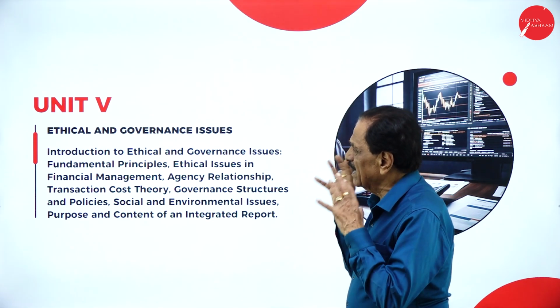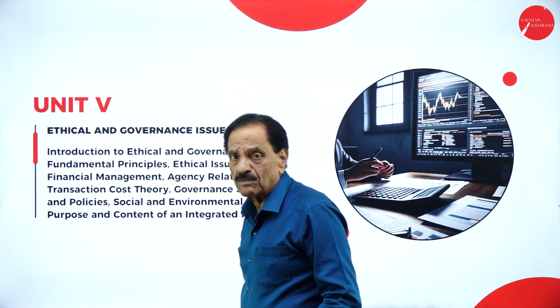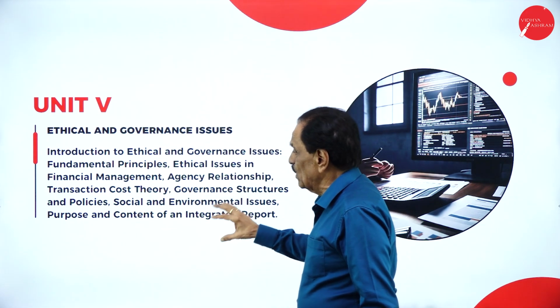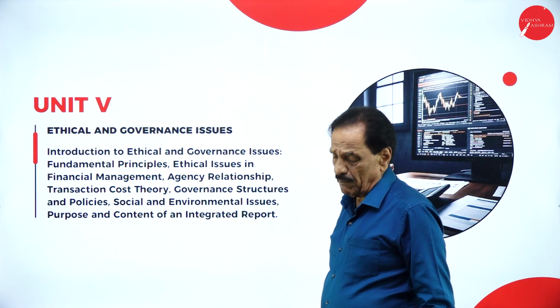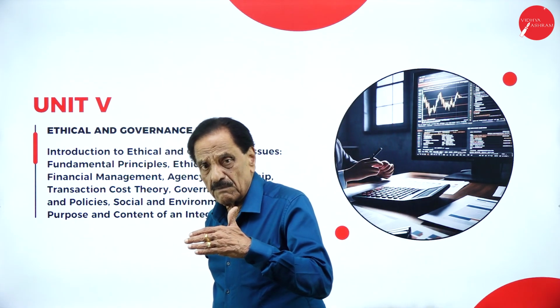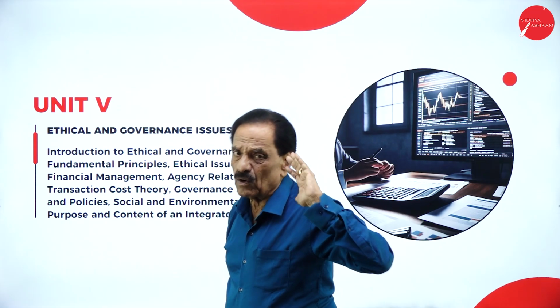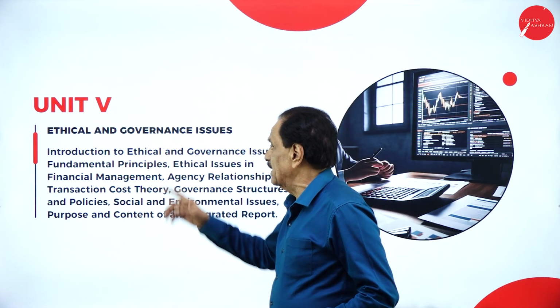This is the most theoretical question; they will definitely ask for 10 marks about the fundamental principles and ethical issues in financial management. While you are studying financial management, what are the ethical issues, and how are they going to be solved? All this we will study in unit 5.